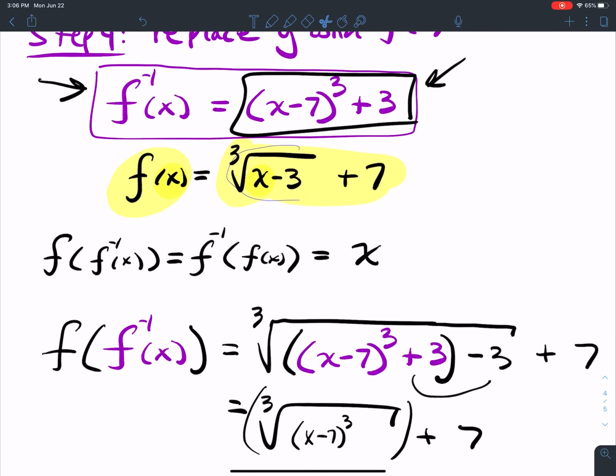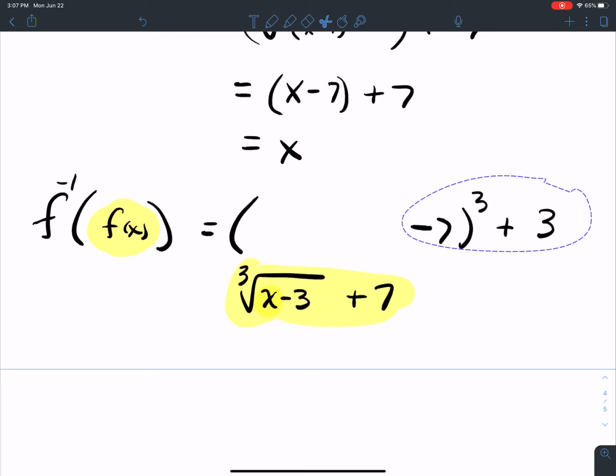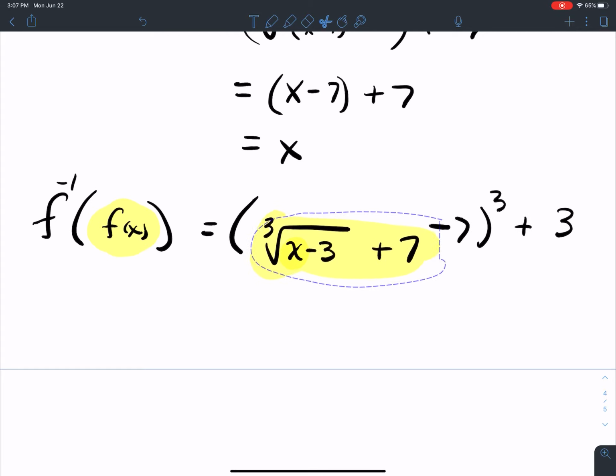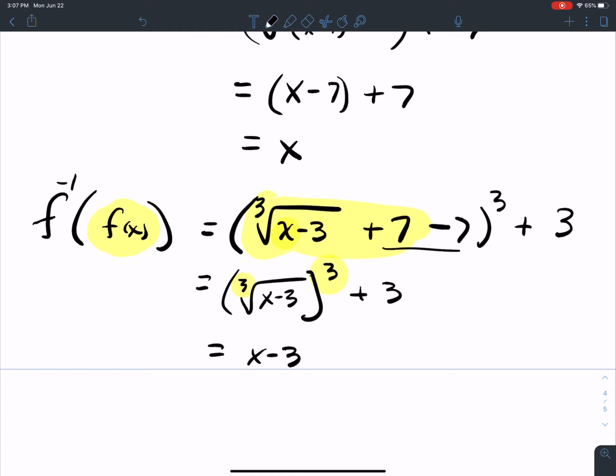So let's plug it into our equation. I need to move this over so that it will all fit. When I do that, I get the cube root of x minus 3, plus 7 minus 7, which goes away. Cube it, and then plus 3. If I cube the cube root, that goes away, so I get x minus 3 plus 3, and the minus 3 and plus 3 cancel, and I get x.